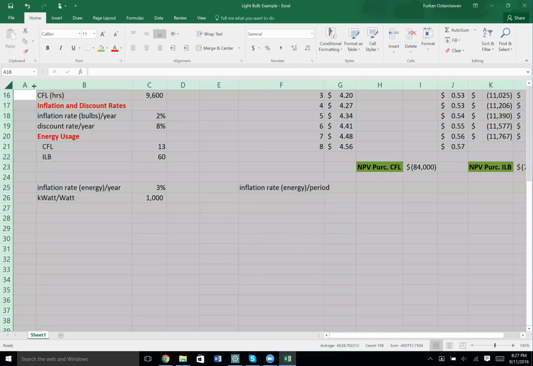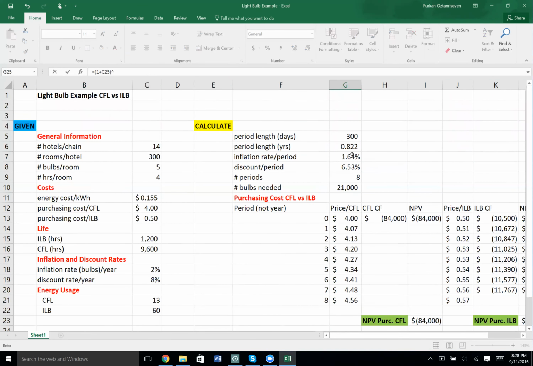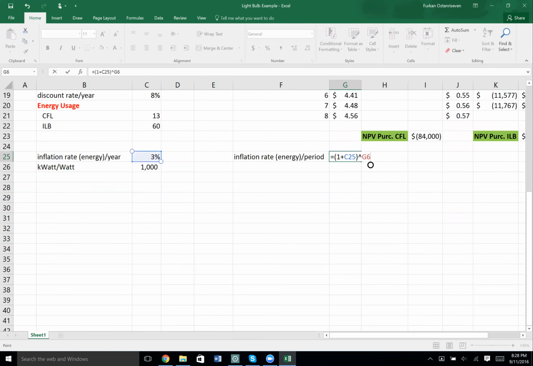So again, our inflation rate per year, 1 plus, and the power is the period length, which is 0.822 that we calculated previously, minus 1, which is 2.79%.